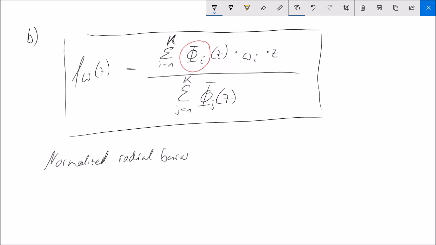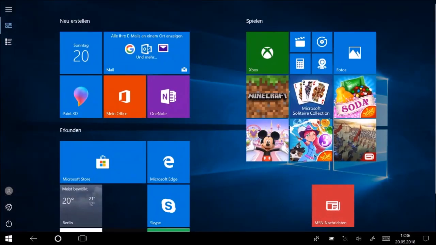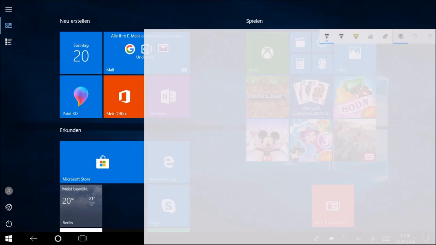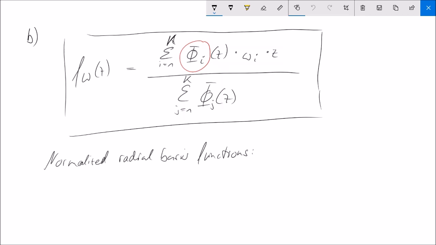And they are defined as the following: theta i, dependent on the parameter z, is the exponential of minus 0.5 multiplied by z minus c_i squared and divided by h_i. And this is the definition of a normalized radial basis function.